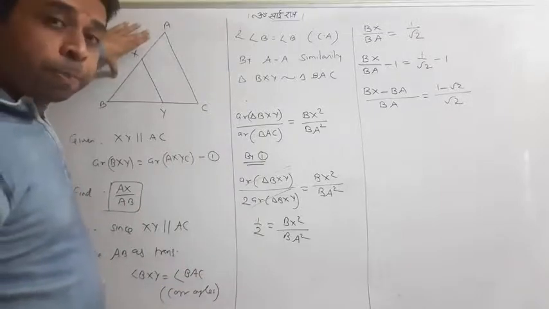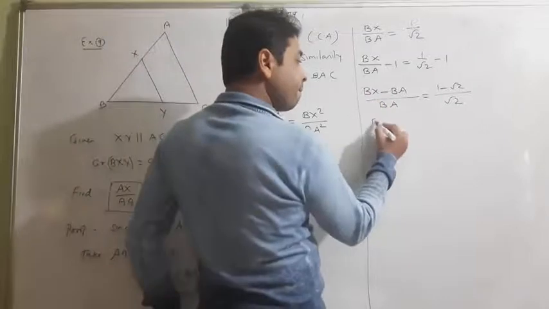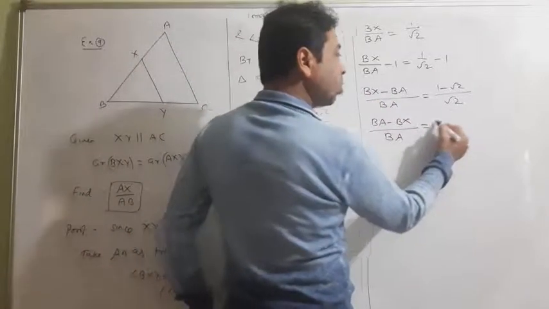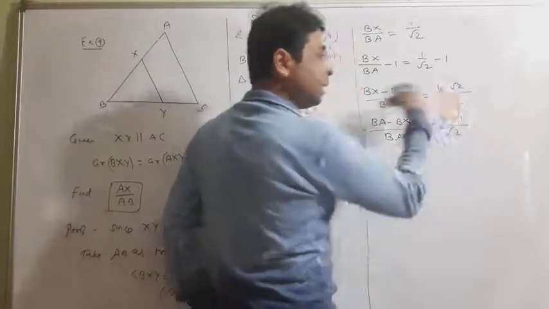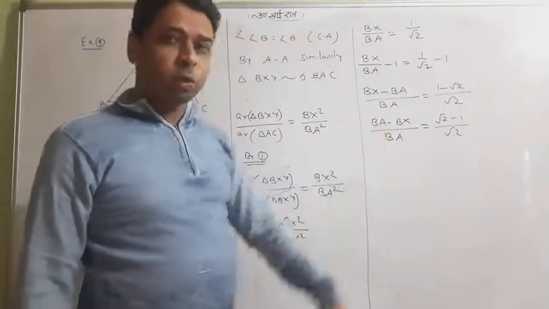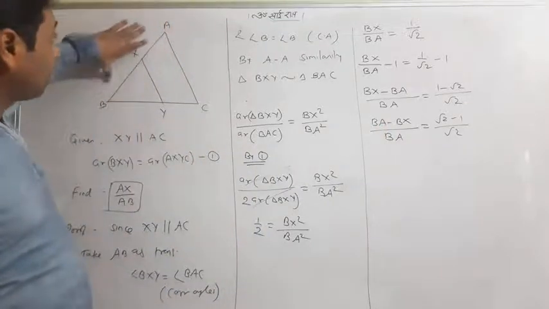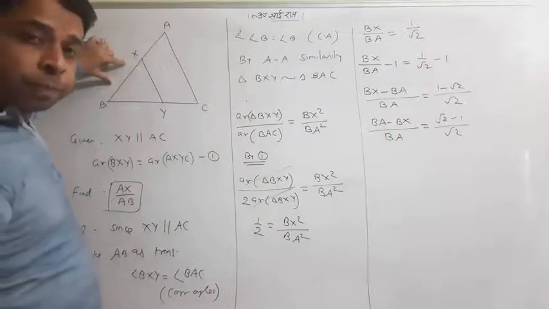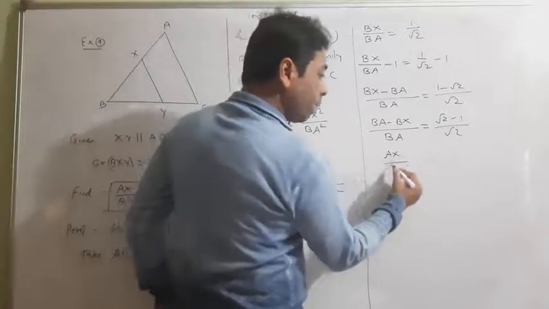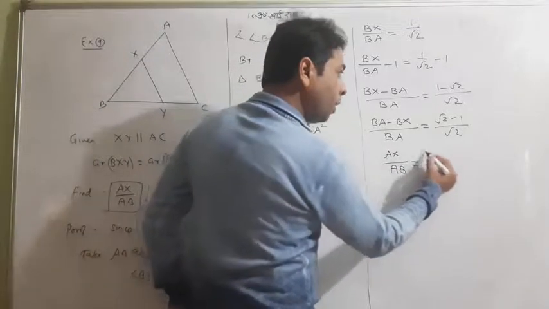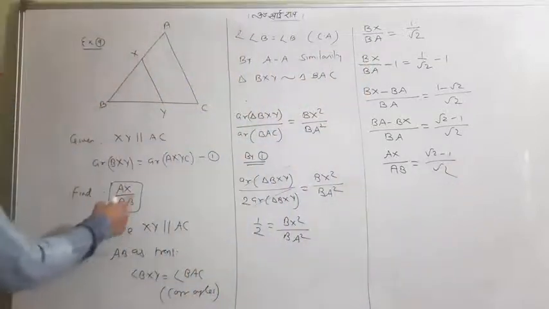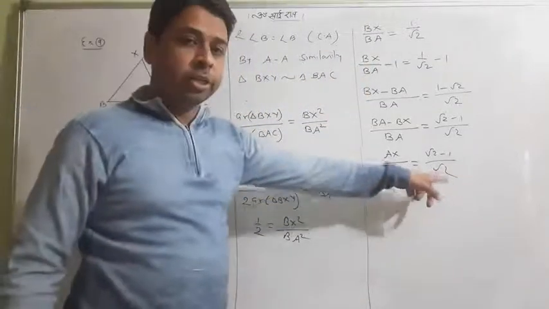So we take minus common on both sides, so both get balanced, minus minus cancel. Now BA minus BX, you can find out, BA minus BX equals AX. So we get AX upon AB equal to root 2 minus 1 upon root 2. I think you got the answer, AX upon AB.